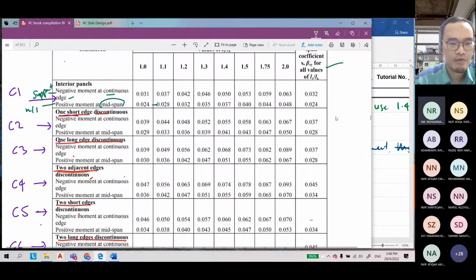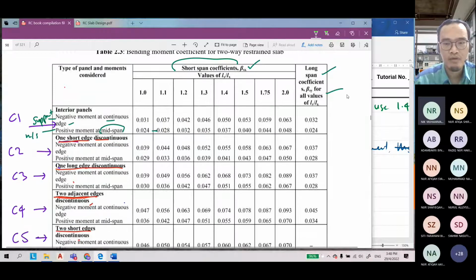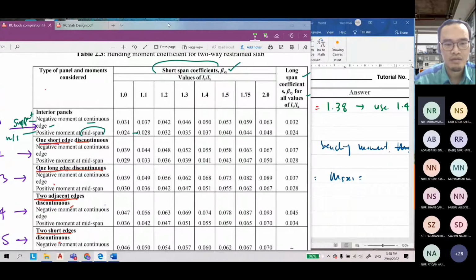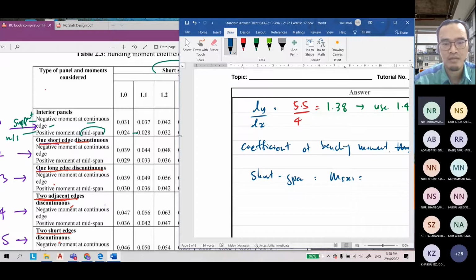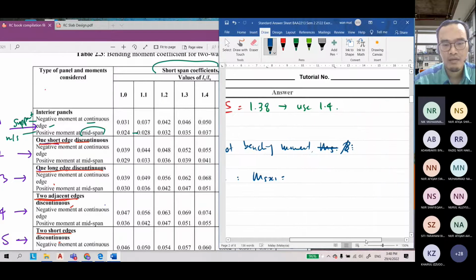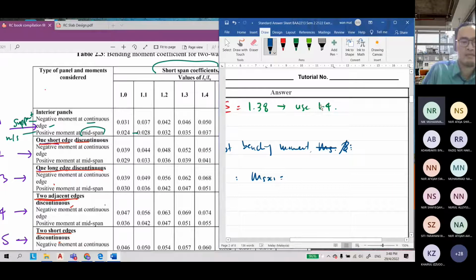Case number 4, so 1.4. You refer to this table, case number 4 here, case number 4 and 1.4. So what is the value for msx1?